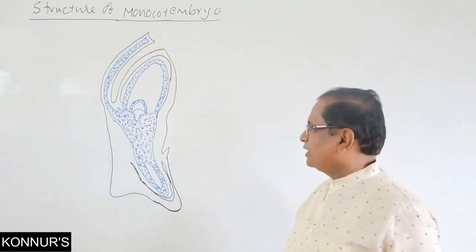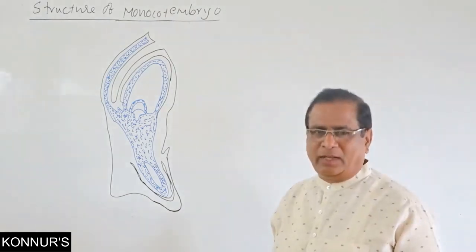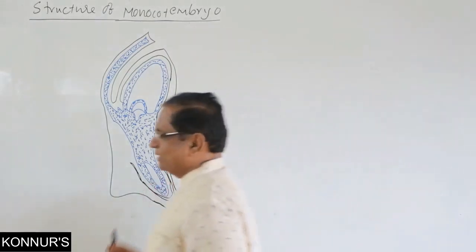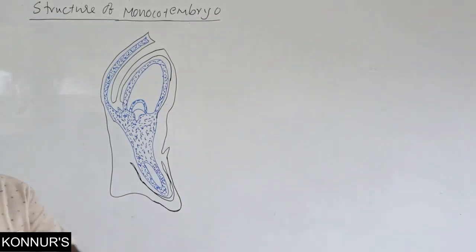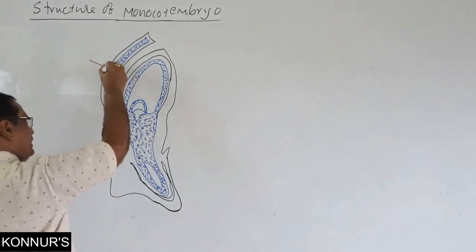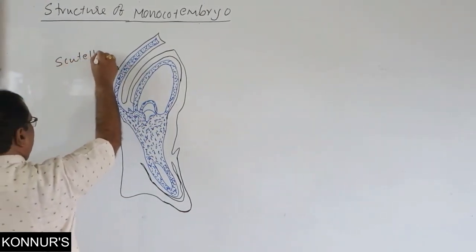As far as structure is concerned, it is a little bit complicated as compared to dicot embryo. As it is a monocot embryo, it has a single cotyledon, and that single cotyledon is named scutellum.